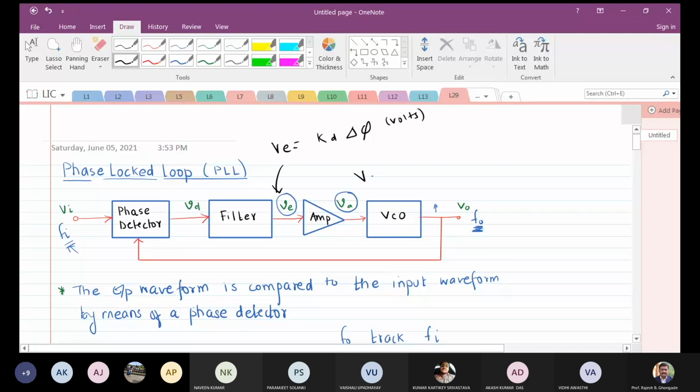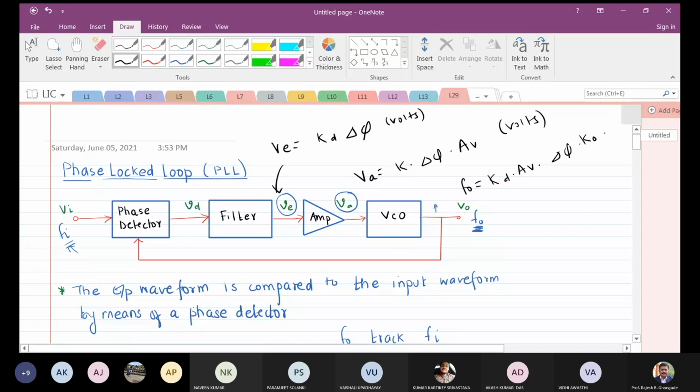This VA is given as KD delta phi into AV. Again, the units are volts. And finally, the Fo is given as KD AV delta phi into KO.